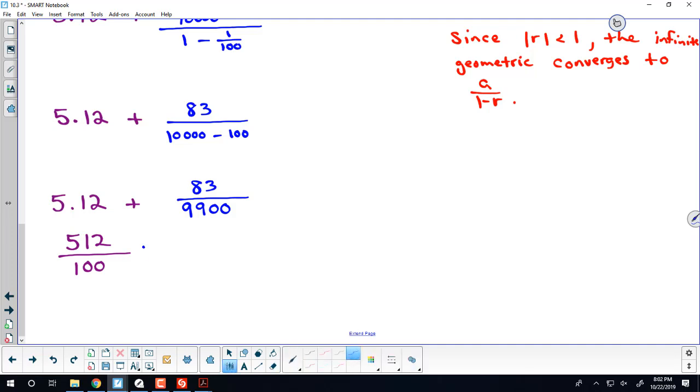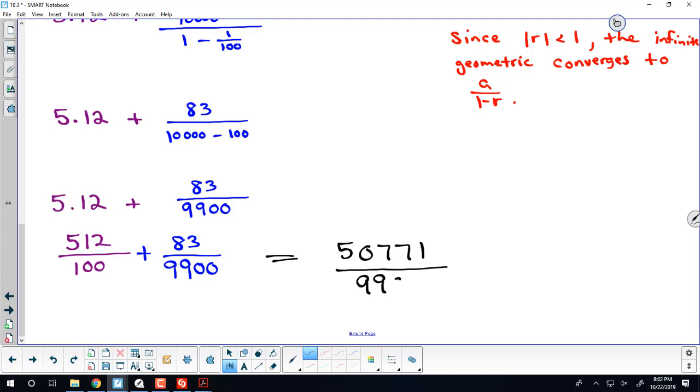We've got that plus our 83 over 9,900. Common denominator, I'm going to multiply all that out. 50,771 all over our common denominator. So that 50,771 over 9,900 is 5.12 83, 83, 83, 83.